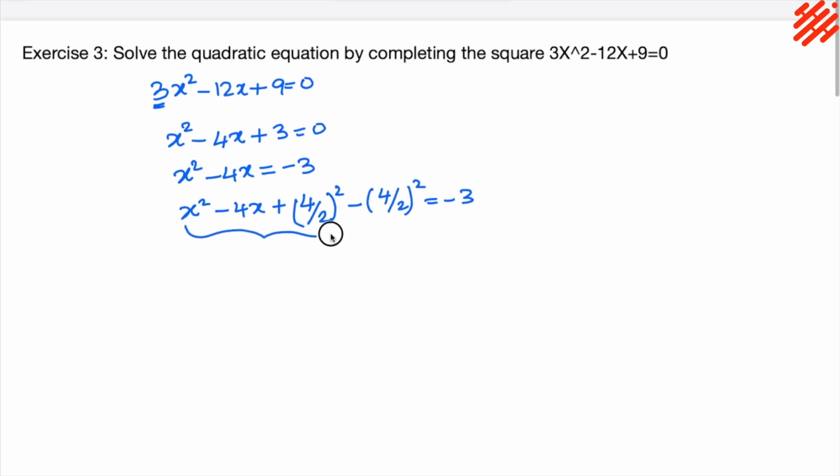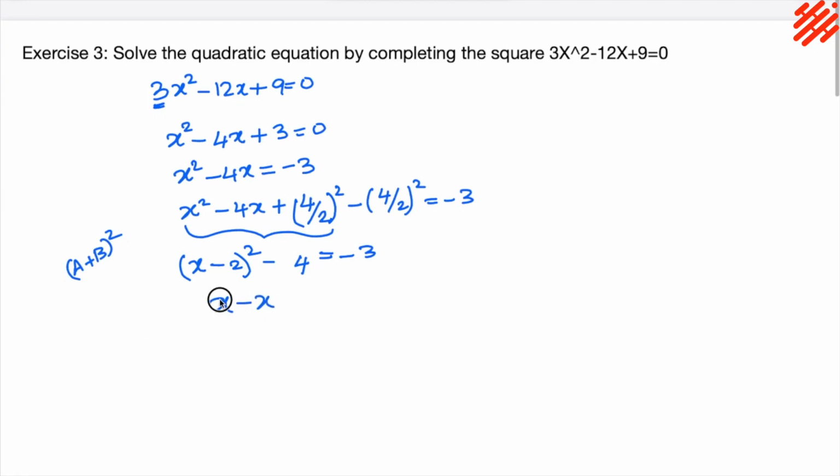So we know that this is (a + b)². It will become (x − 2)² − 4, since 8/2 is 4, equals −3.